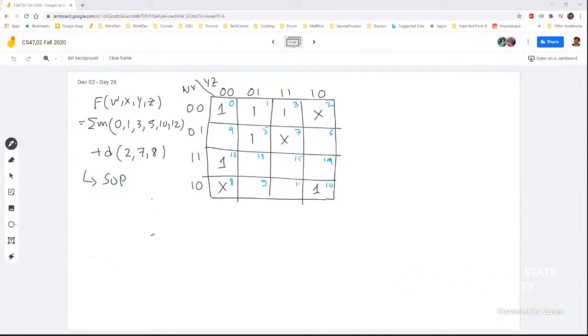Now, what would be the equivalent POS? It would be the product of max terms.